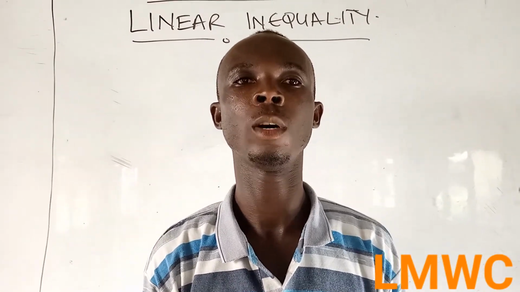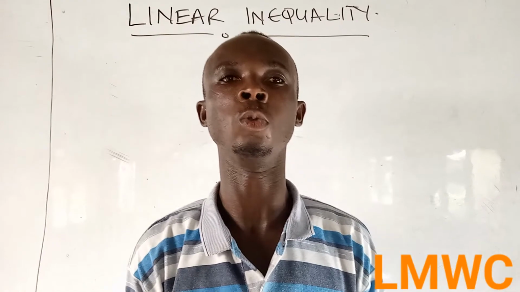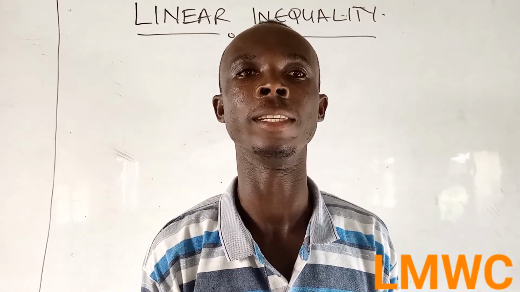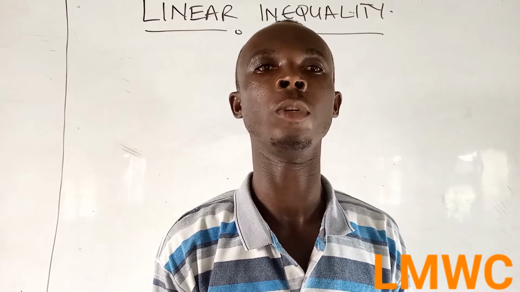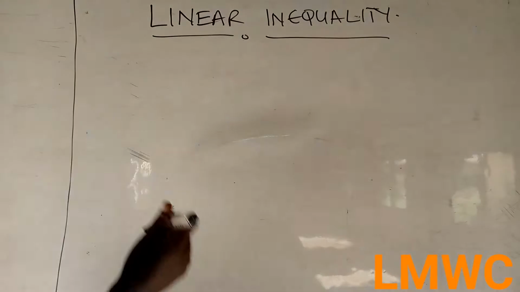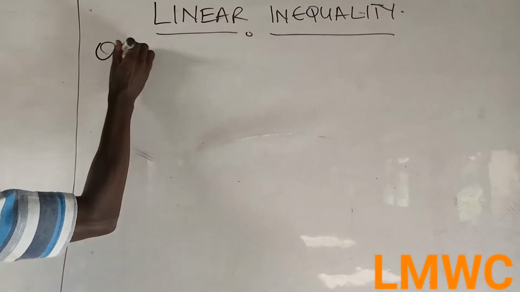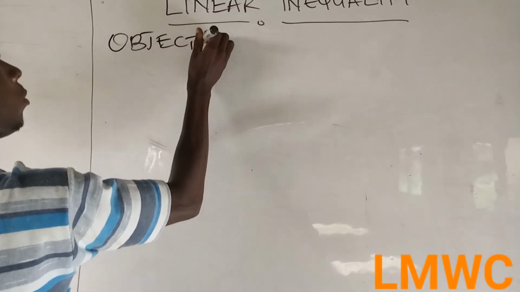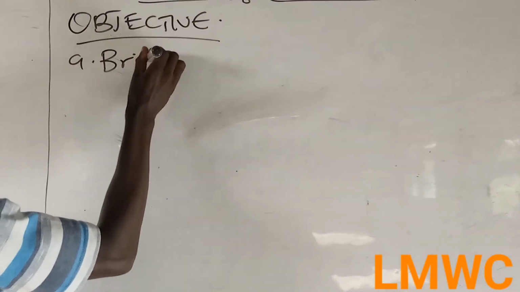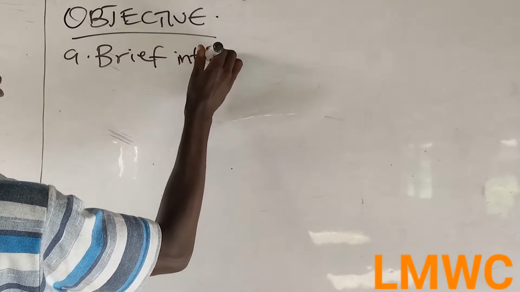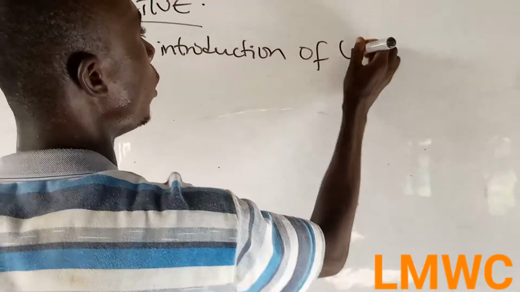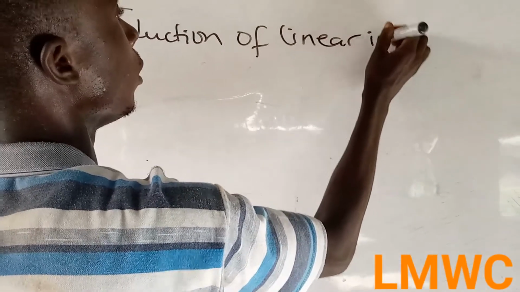So, at the end of this lesson, you should be able to know a brief introduction of linear inequality and also how to represent linear inequality on a number line. Objective: A. Brief introduction of linear inequality.